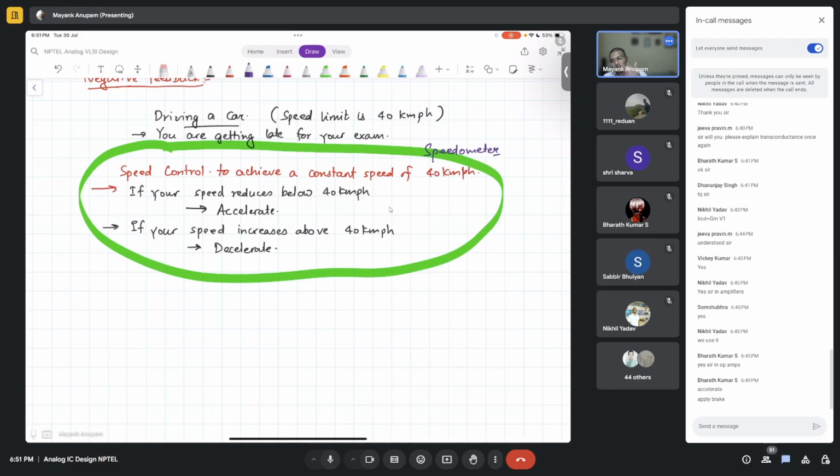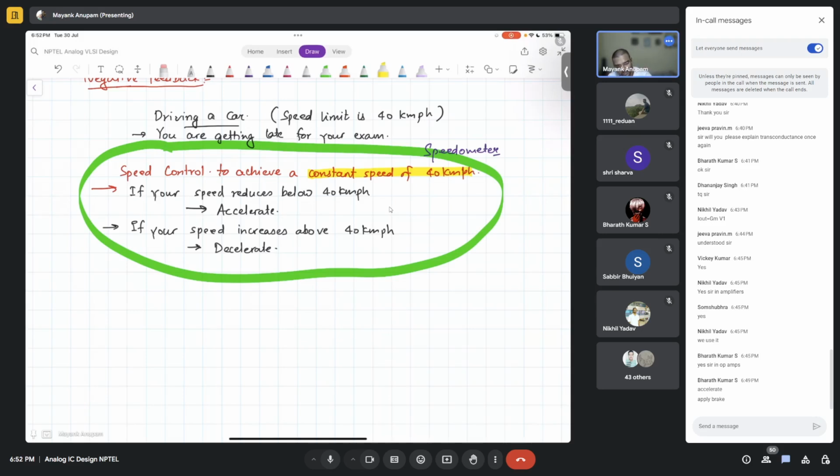What you're doing is you are taking feedback of the output variable that you're trying to control. What are you trying to control? You're trying to control the output speed of the car, and for that you are taking feedback of the output speed, isn't it?